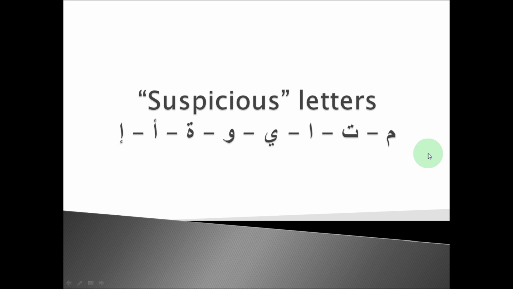I'm going to go over some examples, and hopefully you'll develop a quick intuition for what letters to throw out when you're looking for the roots. Here we have an example, murashah, which means candidate. In this word the mim is the suspicious letter.